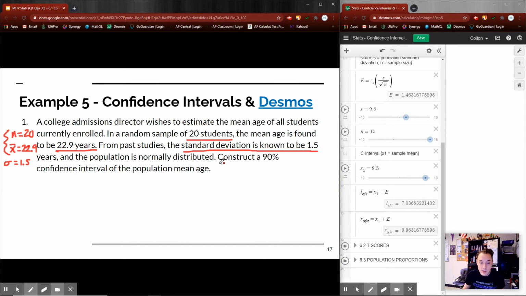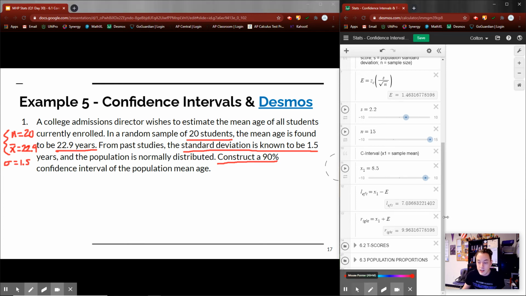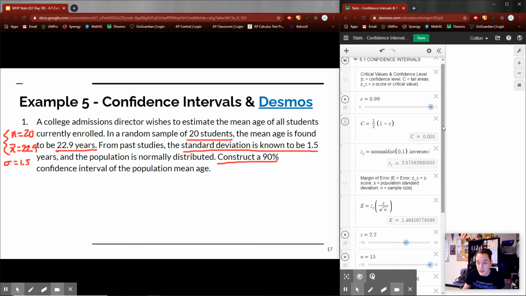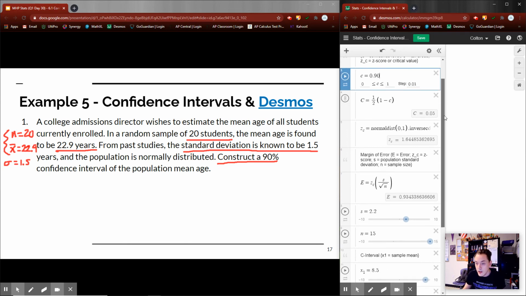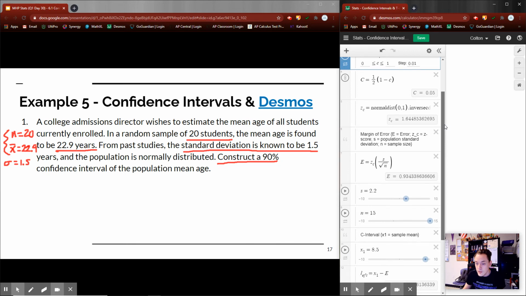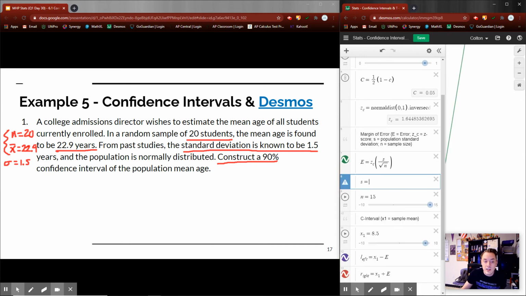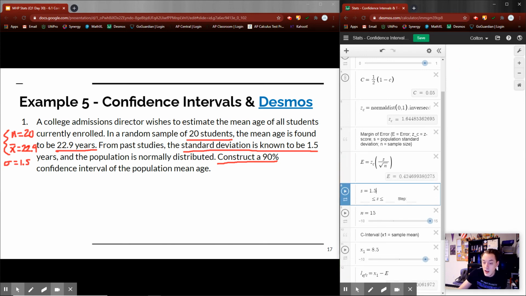All right, so now I just need a 90% confidence level. So I'm going to go over here and start plugging stuff in. Let's go all the way back to the top. I don't want 99, I want 90. I'm going to scroll down, and I want to change my sample size, but I also want to change my population standard deviation, which we said was 1.5.